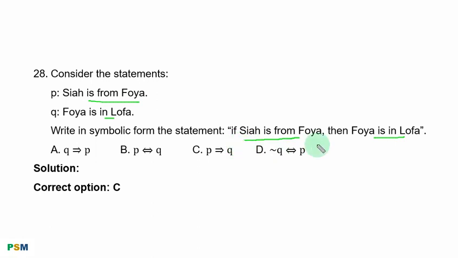If-then is a conditional or implication statement with a symbol that looks like an arrow, something like this. So the correct option is C.